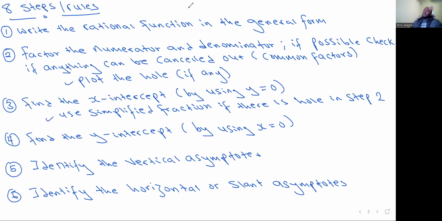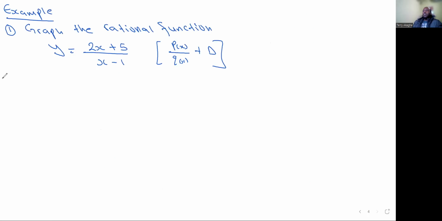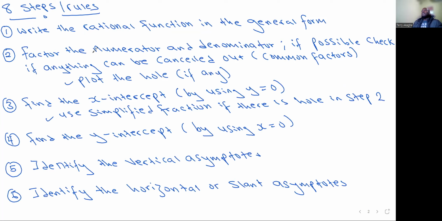Step 1, write the rational function in the general form. So it's going to be y is equal to 2x plus 5 over x minus 1 plus 0, because d is 0, but there's no need for doing that. The next step is to factor the numerator and denominator if possible, to check if anything can be canceled out.